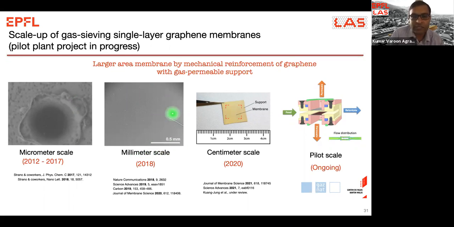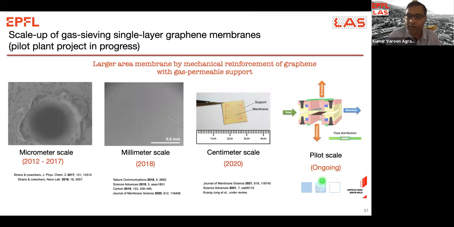And we could study several transport properties. All the studies that I showed you on ozone, several of them were done on this millimeter scale. In our lab, now we can routinely make centimeter scale graphene membranes by adapting this reinforcement process to using a polymeric reinforcement, which is much more permeable, right? I'm very excited to share that we are now going to work on a pilot scale membrane.